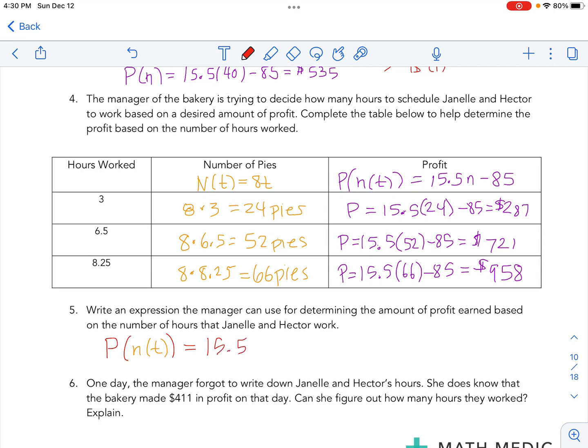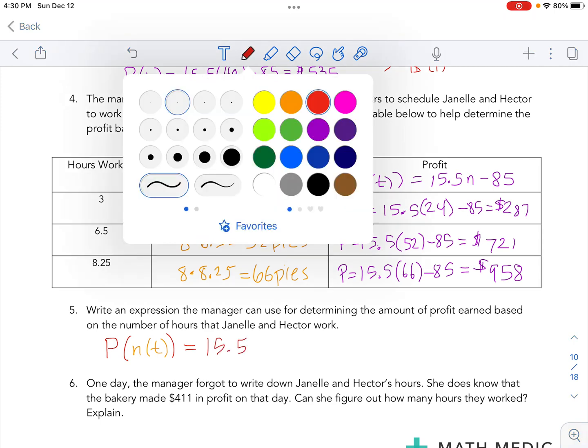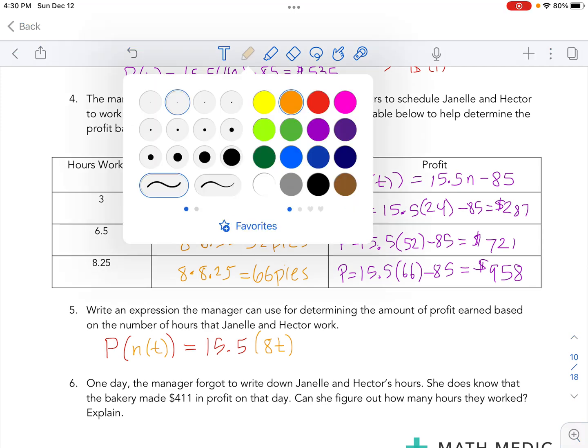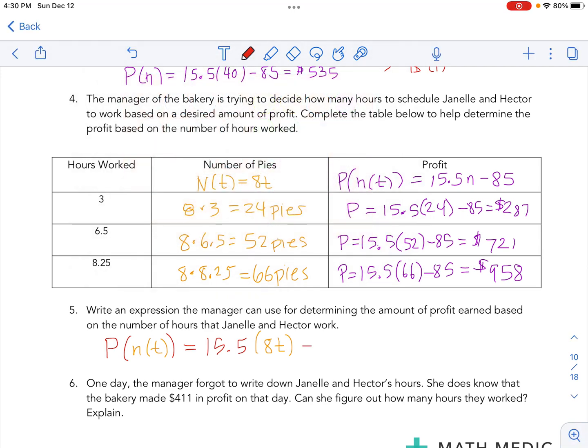And so now it's 15.5 times the number of pies, but the number of pies is a function itself. It's 8 times t. So it's 15.5 times 8 times t, and then minus 85 for that profit function.